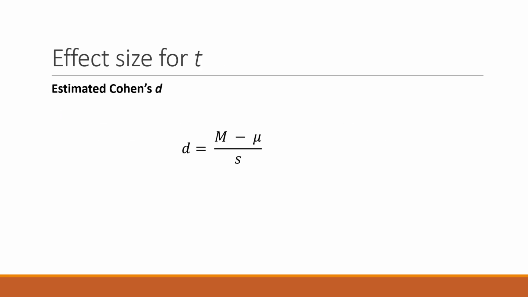Lastly, we can get an effect size for t, so we know how meaningful the result is. The larger the effect size, the better. Like with z-scores, Cohen's d can be used, but we have to estimate it because we don't have the standard deviation for the population. Instead, we substitute it with the sample standard deviation. For the equation, we have the sample mean minus the population mean divided by the sample standard deviation.